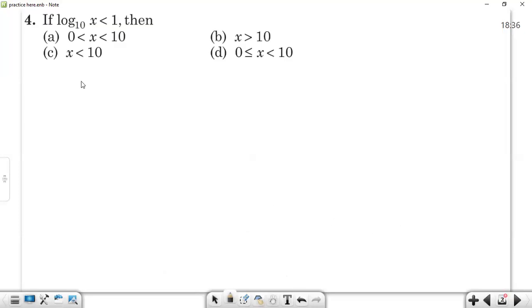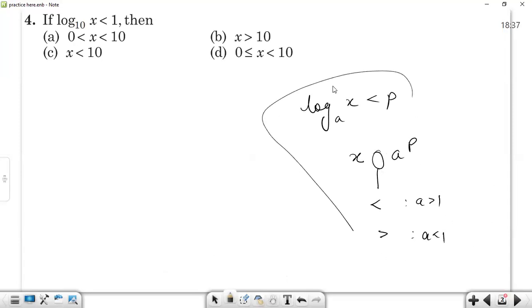Okay, so the first question is based on the property which we were discussing earlier. Let me write the property for you. Now the inequality sign will be decided. It will remain the same for the case of a being more than 1. We will change it for the case of a being less than 1.